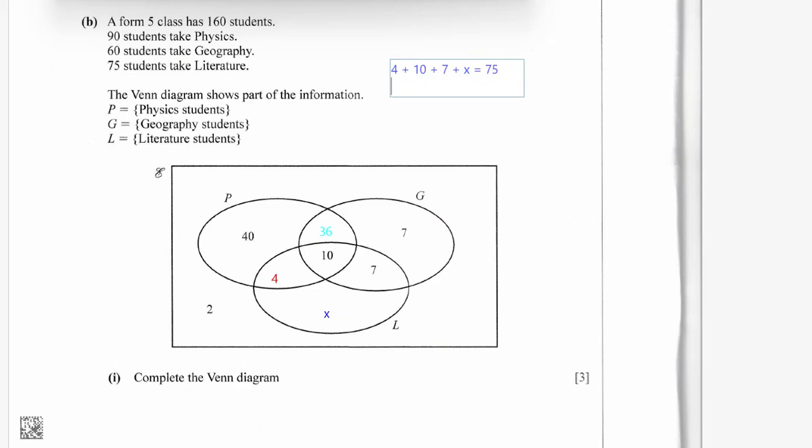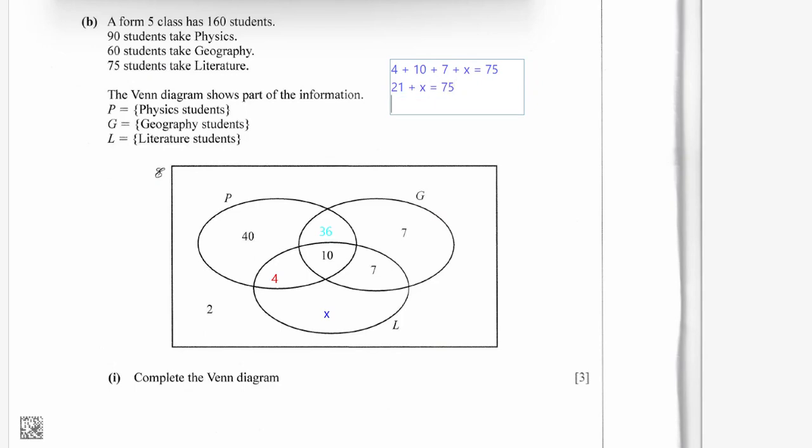Then 4 plus 10, that's 14, plus 7, that's 21, which means we have 21 plus X is equal to 75.